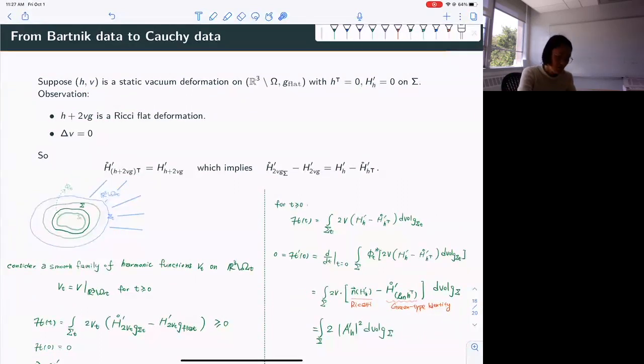This is simple: we just compute Ricci prime with respect to H plus 2Vg. This is exactly equal to Ricci prime H minus the Hessian, and that's 0. So we know it must be a trivial deformation, a diffeomorphism deformation.